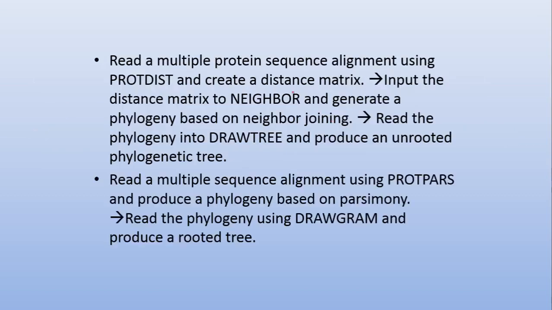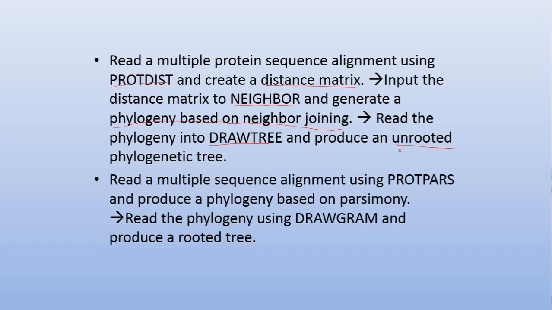One of the paths is that if you begin with a protein sequence alignment, you can use PROTDIST and create a distance matrix. Once you have this distance matrix, you can input it into NEIGHBOR and generate a phylogeny based on neighbor joining, right? Then you can read the output of this NEIGHBOR program into DRAWTREE and produce an unrooted tree.